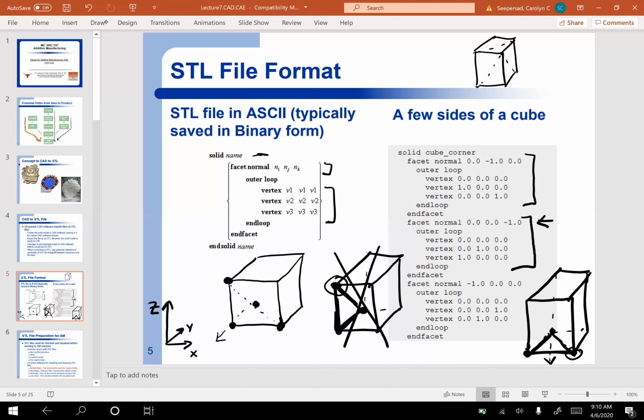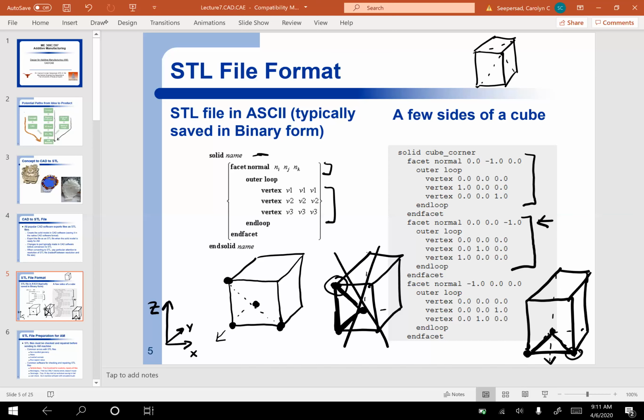And so as I approach that triangle from the outside, I should be going against this facet normal, right? And then I'll see that I'm intersecting with a triangle. So I need to start laying down material until I intersect with another triangle. And then as I leave, I should be more or less parallel with a facet normal. So that's kind of how that deposition software thinks about that. So it's really important to have these normals because it helps define what's inside and outside of a part.